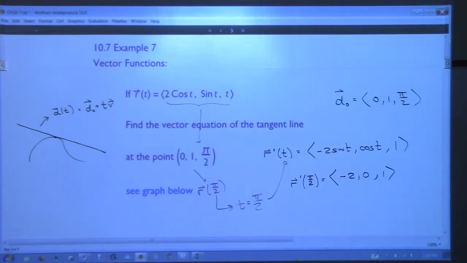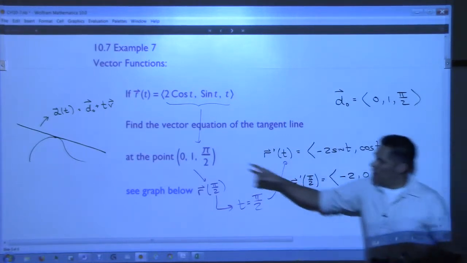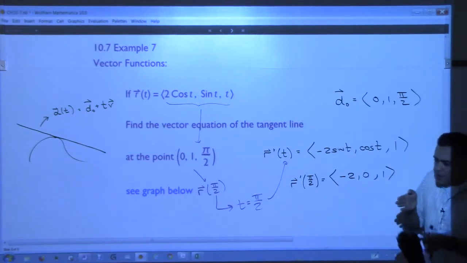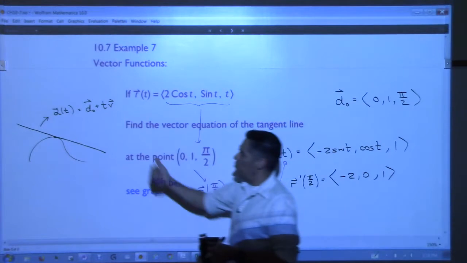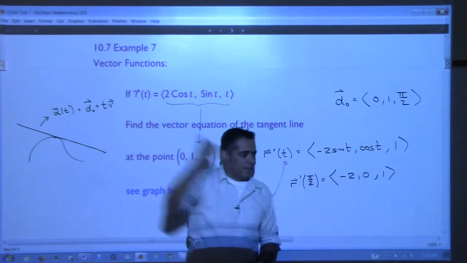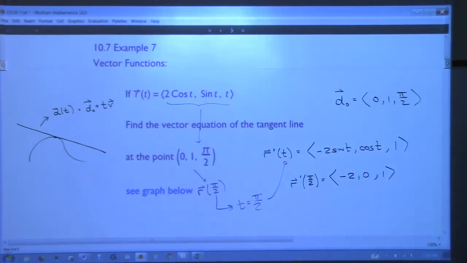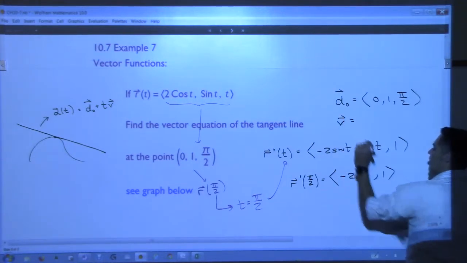All right, and this is the vector that is tangent to our curve at that point. Since this vector is tangent to our curve, it satisfies what we need for the direction vector of the line. We just use that vector as v, and we have the direction of the line. So I think we're there.